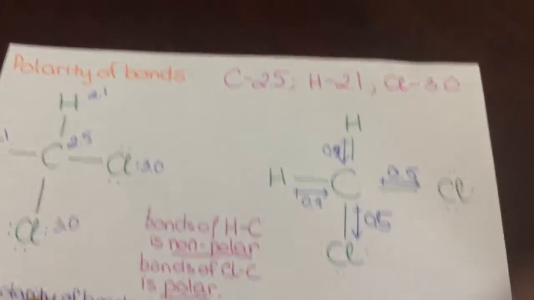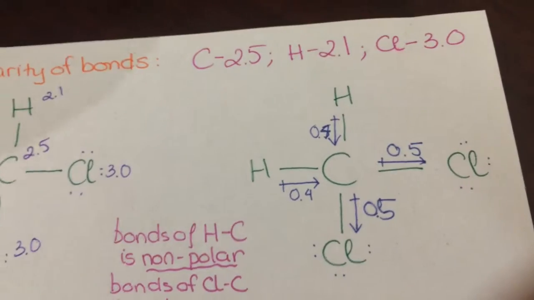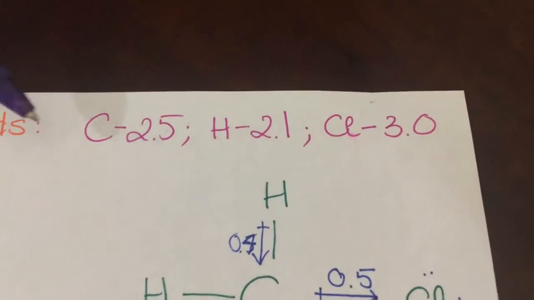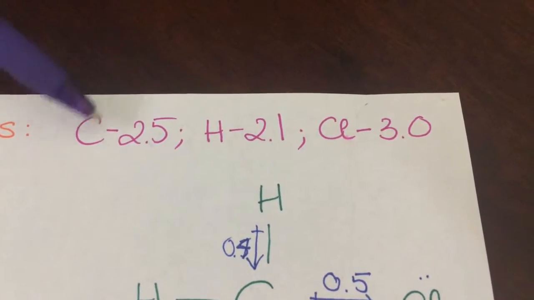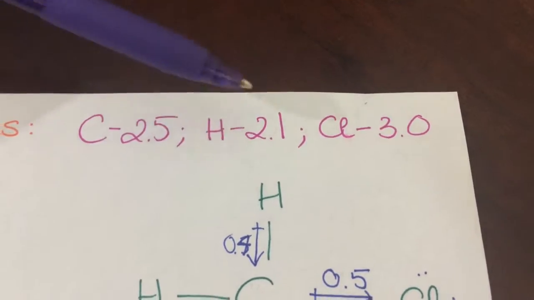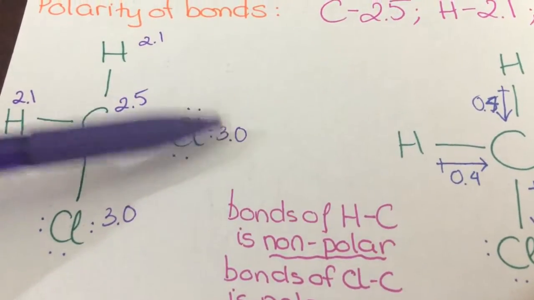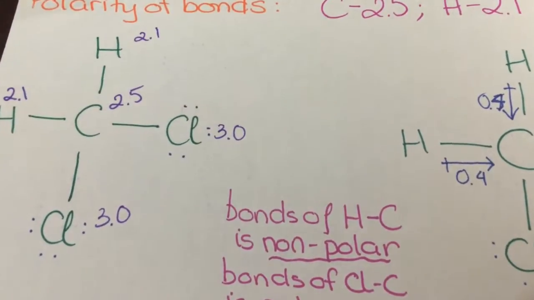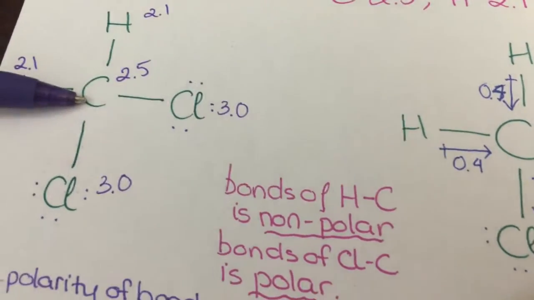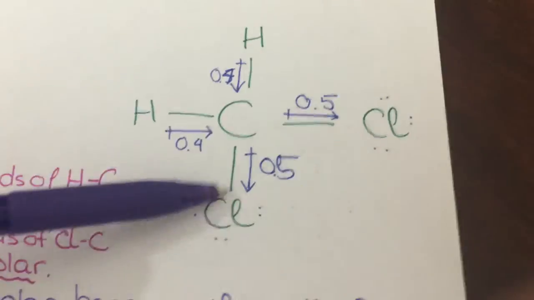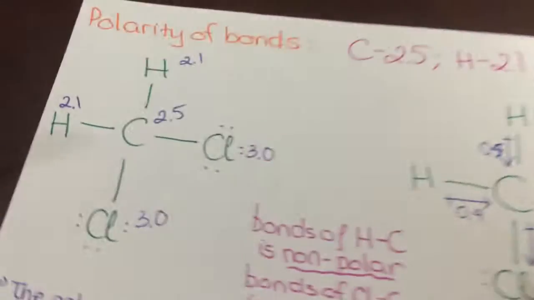So let's talk about the polarity of bonds. This is the electronegativity value of C, H, and Cl. C is 2.5, H is 2.1, Cl is 3.0. So Cl has a stronger electronegativity than C, so it pulls the electron from the C. The difference is 0.5.